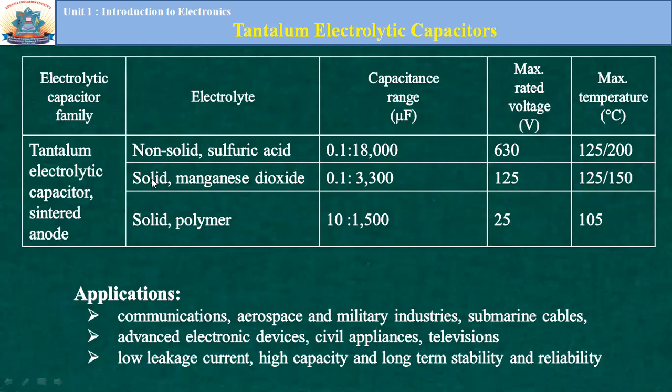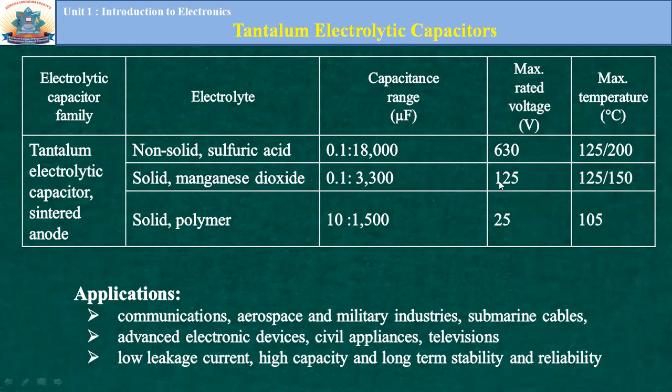Then, when it comes to a solid electrolyte like manganese dioxide, a metal dioxide type, it offers 0.1 to 3300 microfarad capacitors.